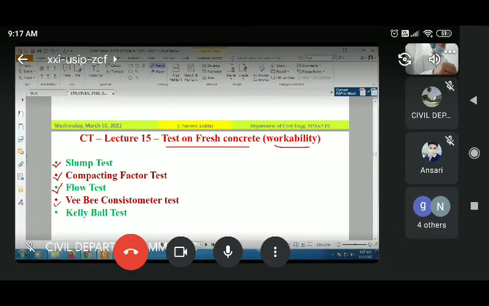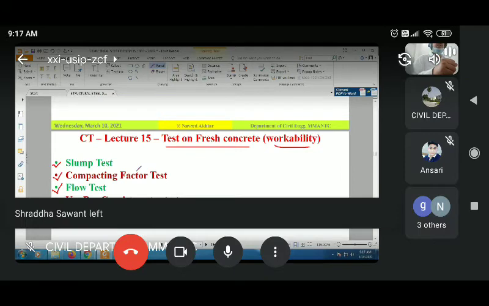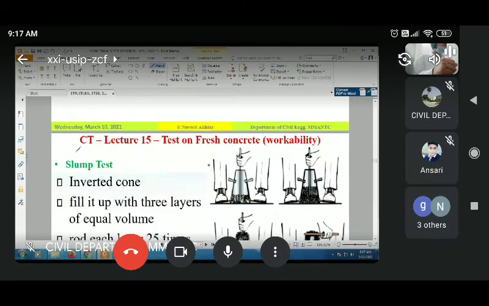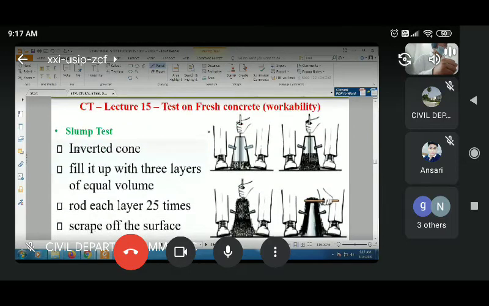And Kelly ball test for making the impression on the concrete surface before the placing. So that also you can find out the workability of your concrete. So first we will see the test on fresh concrete, that is slump test.